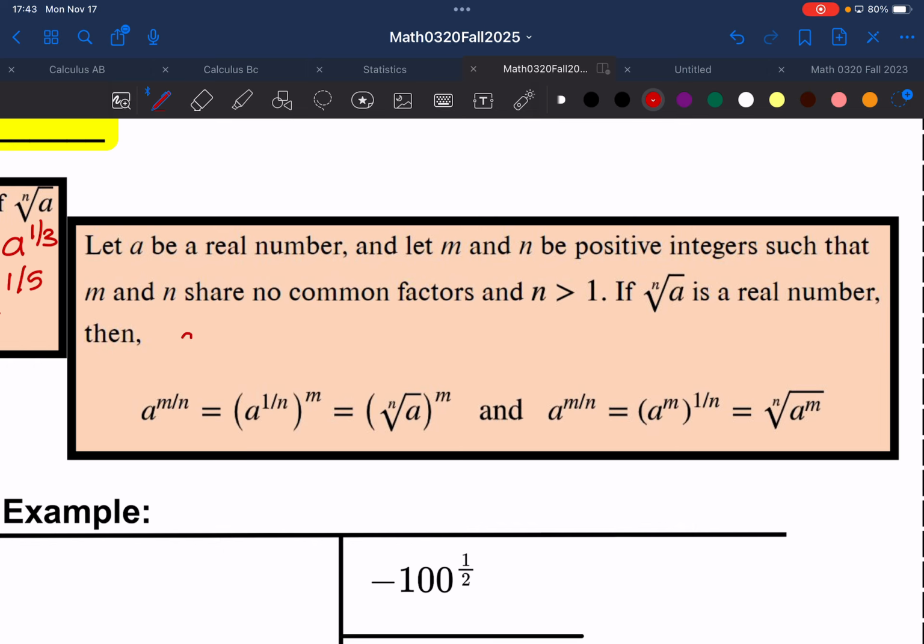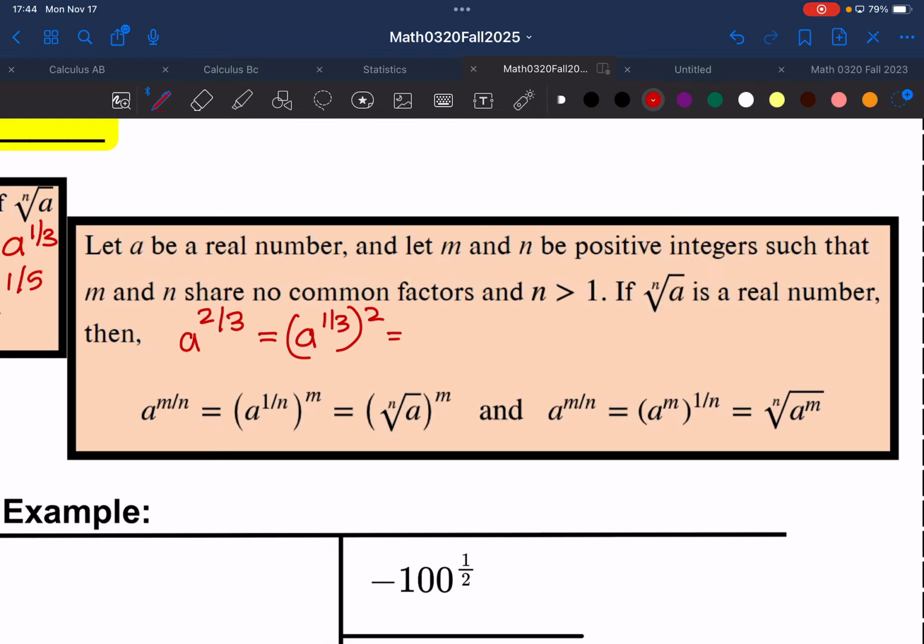Let's say this is a to the 2/3. We can rewrite this as a to the 1/3, squared. The denominator stays the same because that's our nth root, so this is going to be a cube root, and the numerator becomes the exponent.